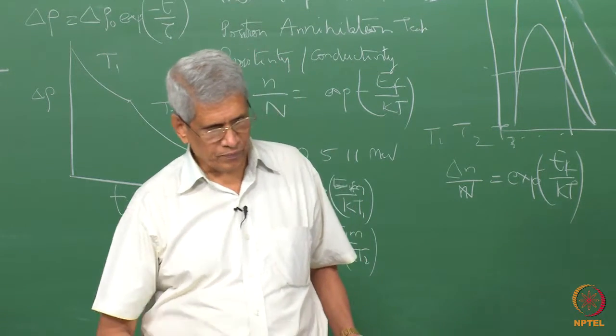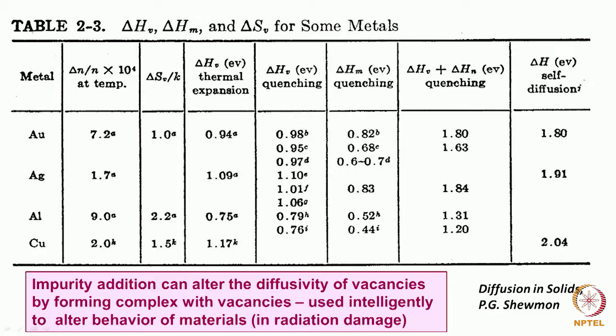This is the same information provided in this view graph also, but what is essentially important is that when we consider a defect which is mobile in a pure metal, it is very easy because the adjacent atoms are all the same identical type of atom.